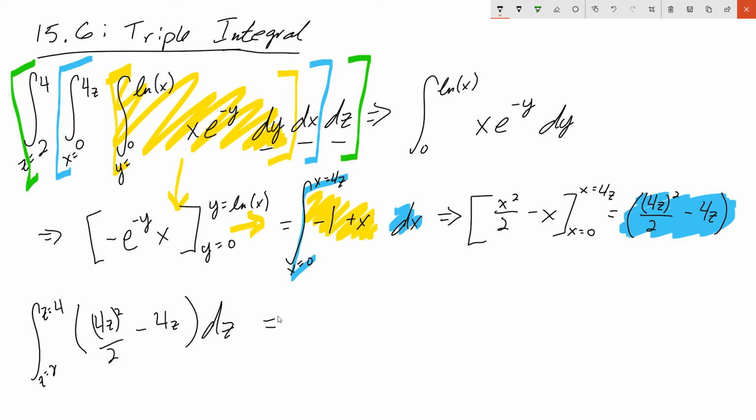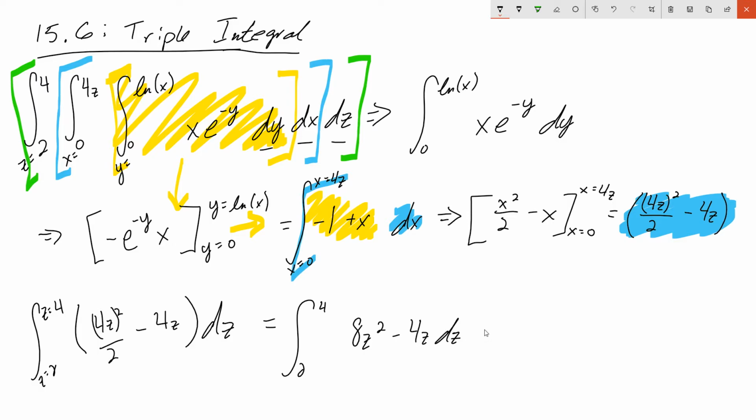All right. So from here, again, we got a pretty simple integration. We're going to simplify this 4z squared over 2 to, that's going to be just reach our integrand here, 8z squared minus 4z dz.